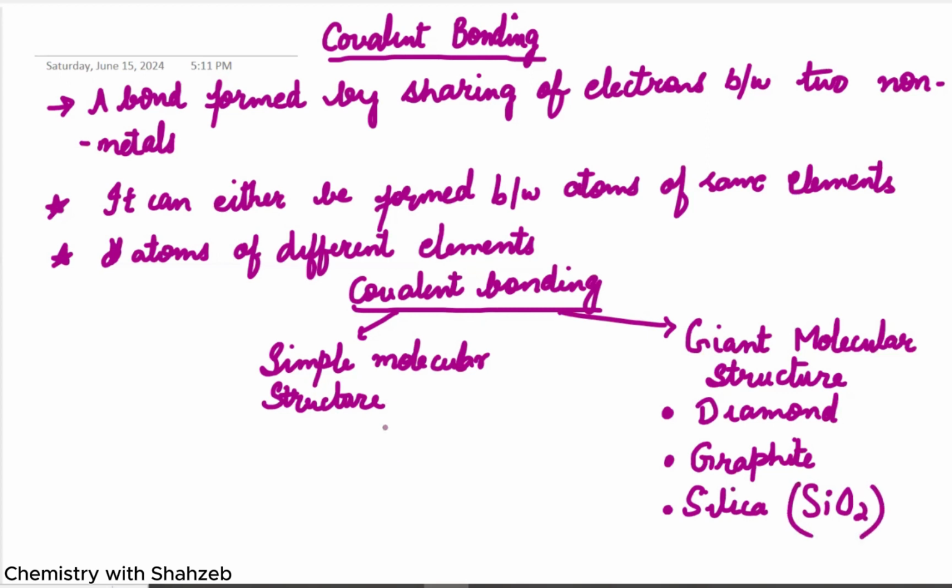And simple molecular structure is adopted by most of the elements like chlorine, bromine, hydrogen, carbon dioxide, water. So they all have simple molecular structure between them.